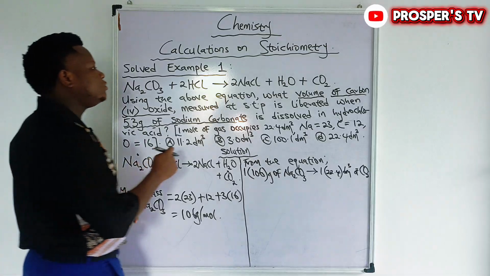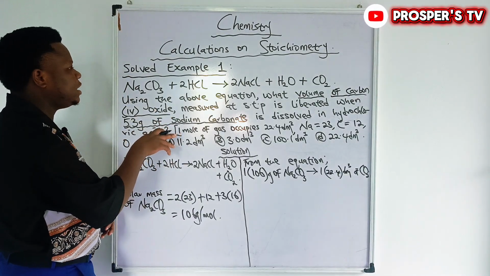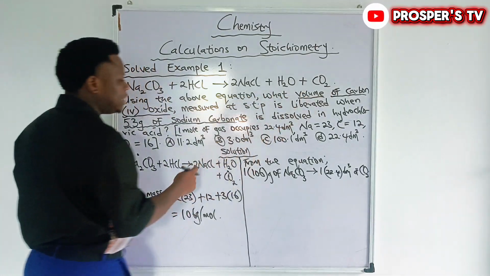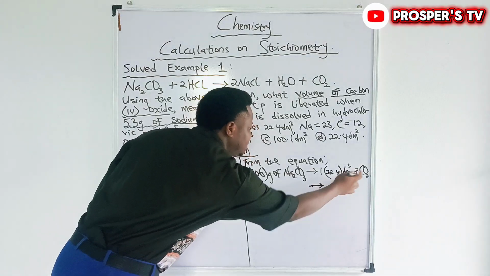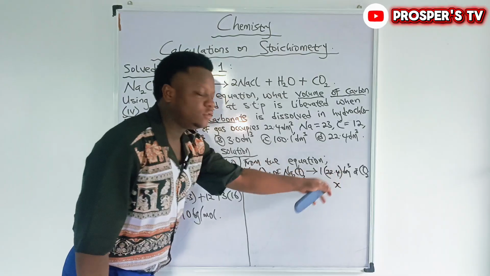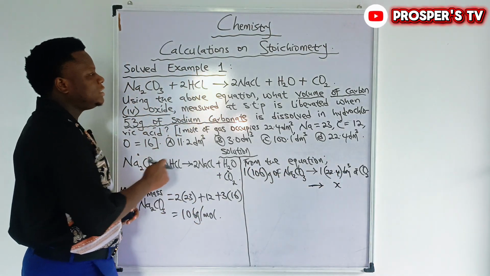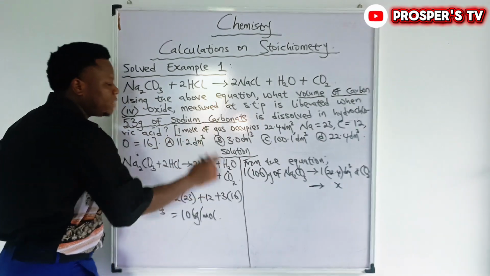So the question now said we should do what now? Where is the question again? It said using the equation above, what volume of carbon 4 oxide? So you simply put a second arrow. The volume of carbon 4 oxide we don't know, so you put a variable there, say X. What volume of carbon 4 oxide is liberated when 53 grams of sodium carbonate?